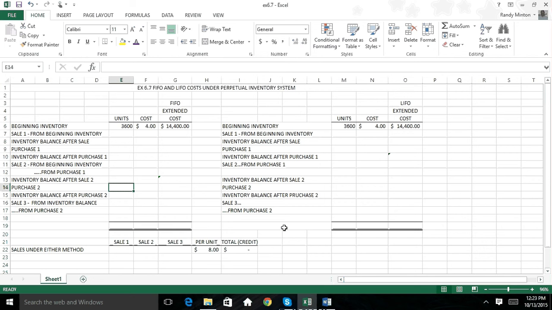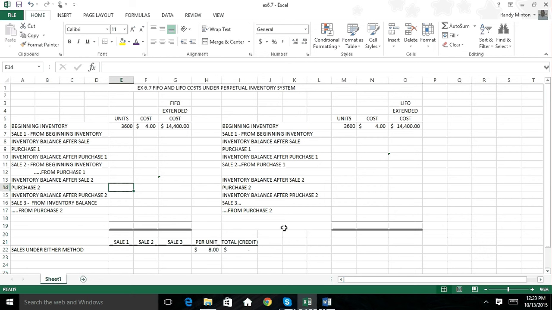Now, FIFO, as you are aware, means first in, first out. So what we would do if we sold goods is we would begin with whatever was in our beginning inventory, and once that was exhausted, we would go to the first purchase and take whatever we need out of that purchase.